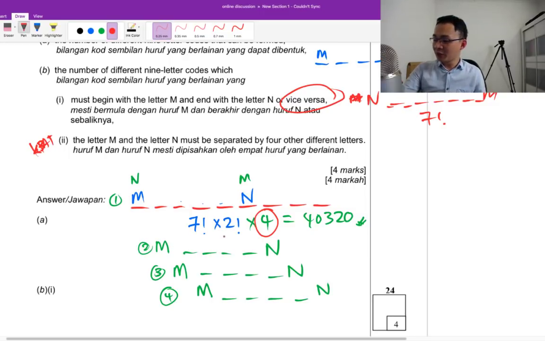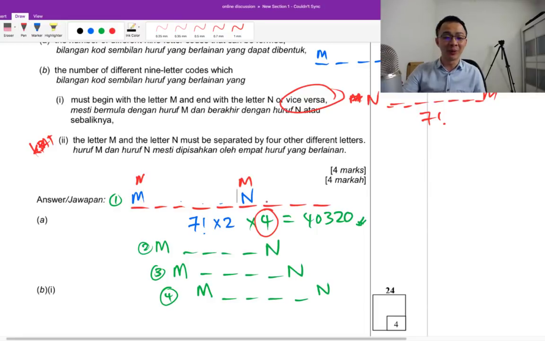Okay, I will multiply by 2 factorial because now I have, okay, just ignore the factorial. If factorial makes you so confused, you can ignore the factorial. Because my m and n over here, I can actually swap place to become n and m. So there's another way I can do that.